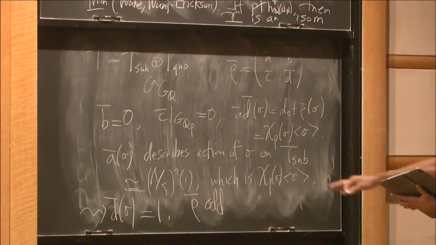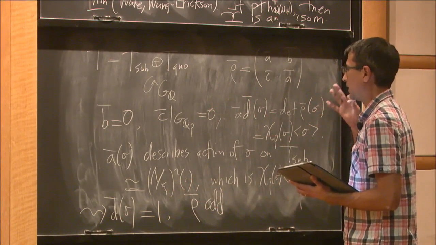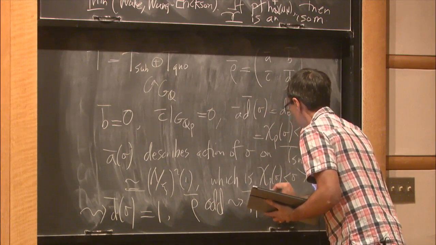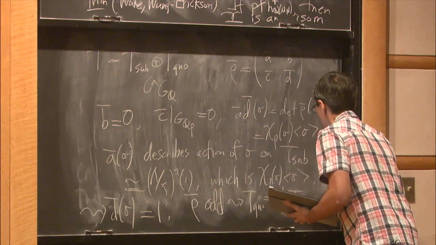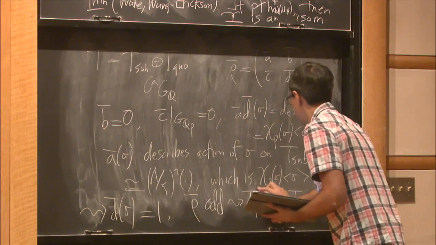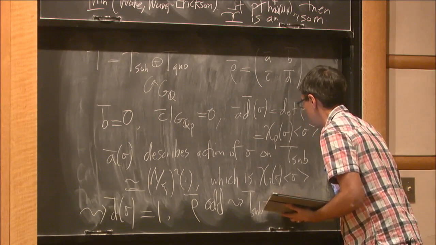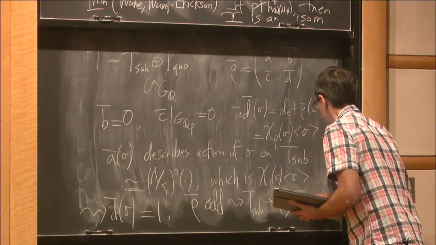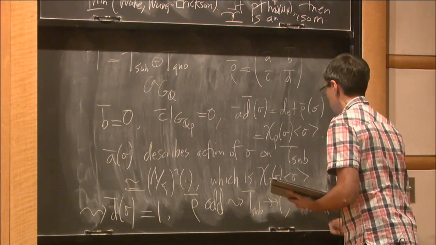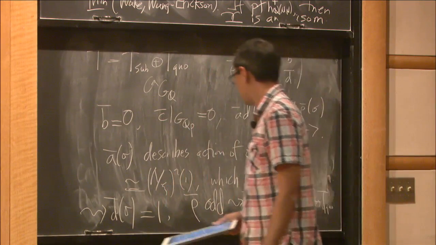Now D bar is acting on the plus part, which means this forces T quo to be the plus part and T sub to be the minus part. T sub surjects onto the minus part, and T plus surjects onto T quo, which is exactly what you wanted.